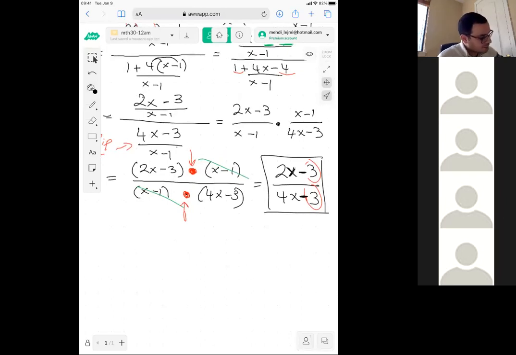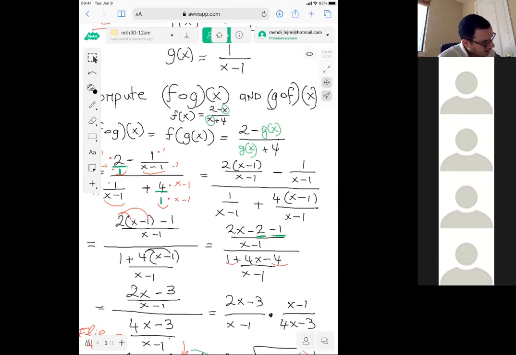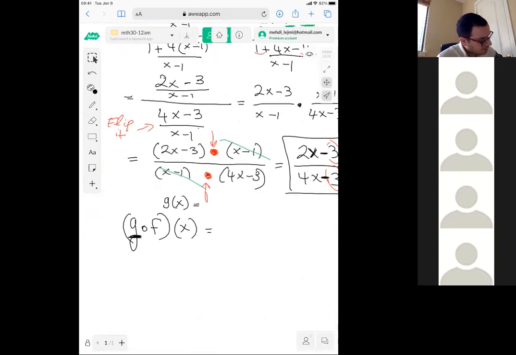All right, so let's do now the g composed with f of x. My first function is g, so I'm going to write down what g is. g is 1 over x minus 1.